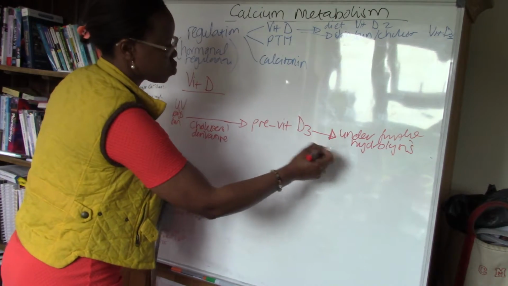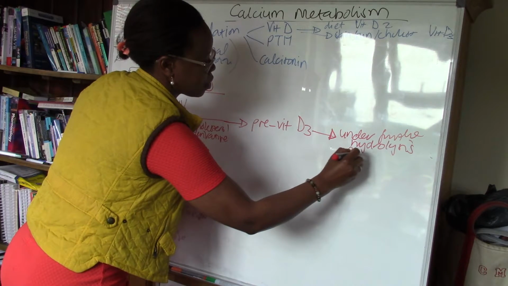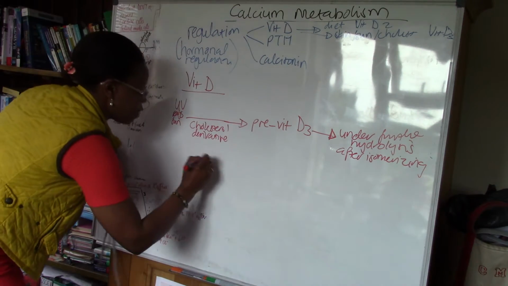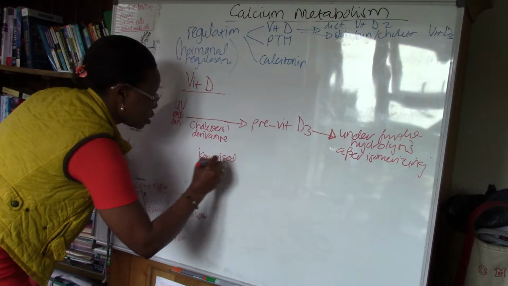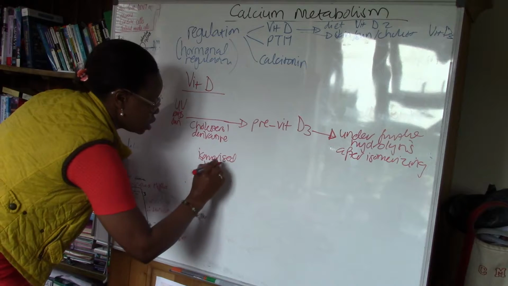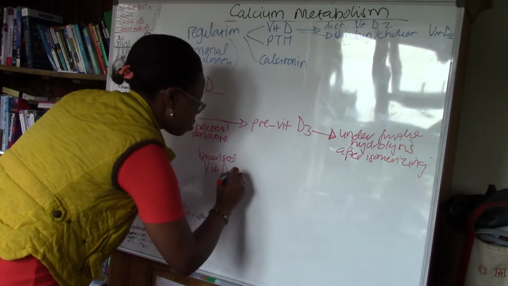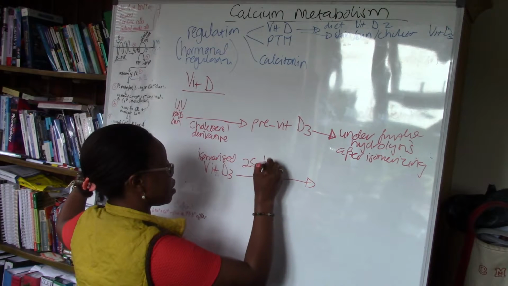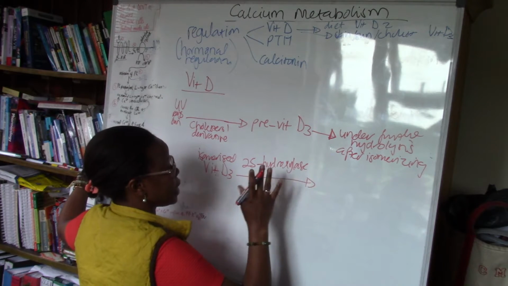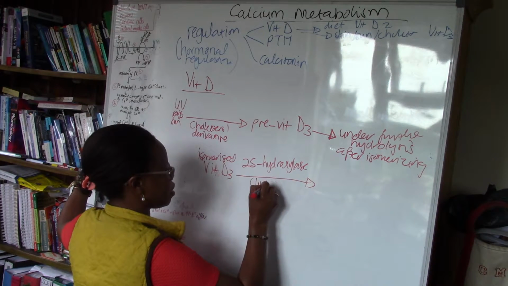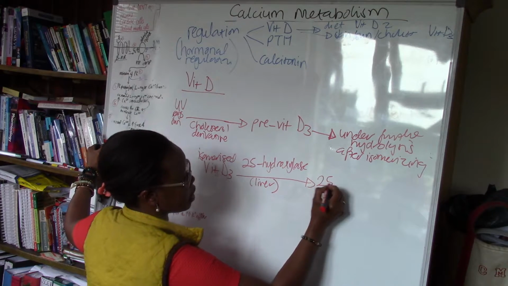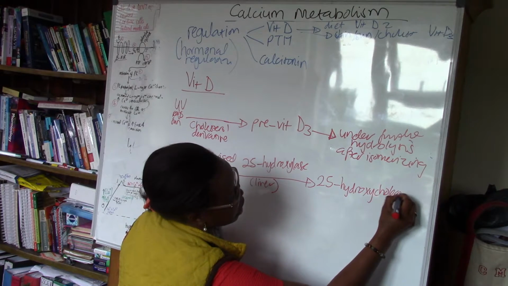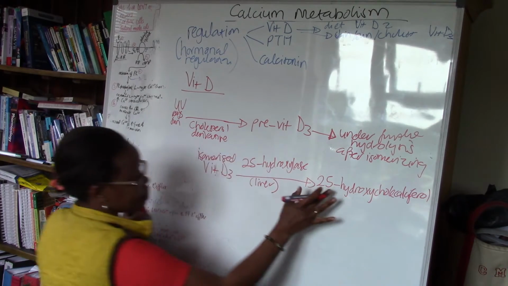But first of all, it has to isomerize. So once it isomerizes, we have isomerized vitamin D3, which is then converted by 25 hydroxylase in the liver, and then it becomes 25 hydroxycholecalciferol.